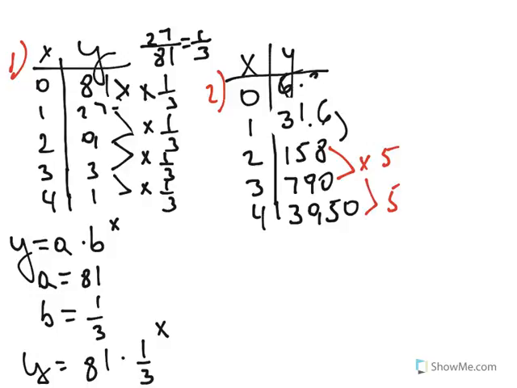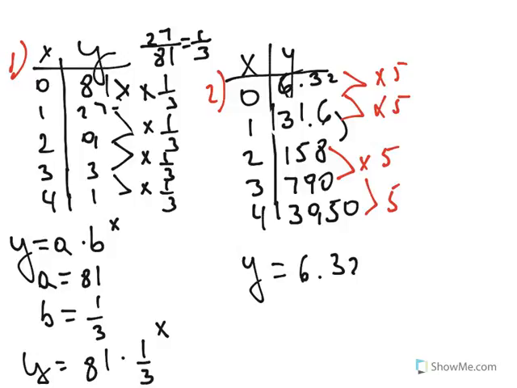So how do I go from one value to the other? I multiply by 5. It looks to me that 5 is the common ratio, or the factor of growth. Now, to write the equation again: y equals the initial value, 6.32, times b, which is 5, to the power of x. I'm dealing here with an exponential growth.